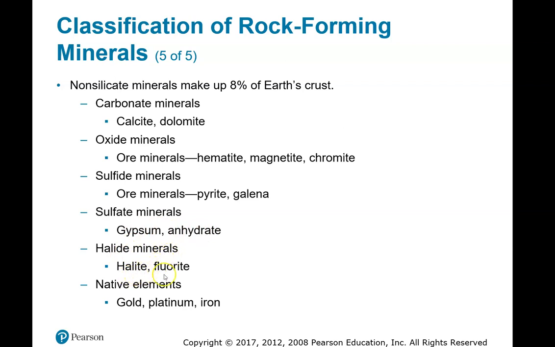Of course, halite and fluorite. Fluoride, of course, you use to make toothpaste, right? And a lot of this stuff is used for various things. I mean, look, we know gypsum is used to make drywall. And then, of course, gold and platinum, and of course, iron.